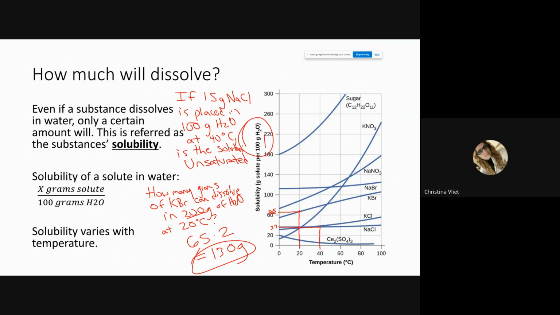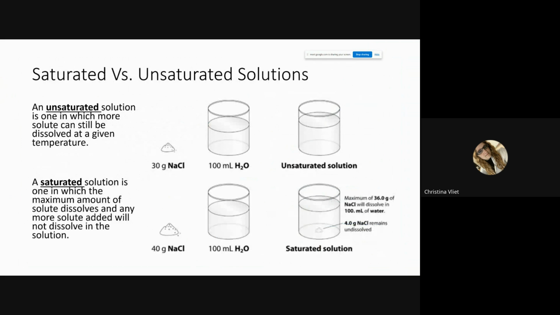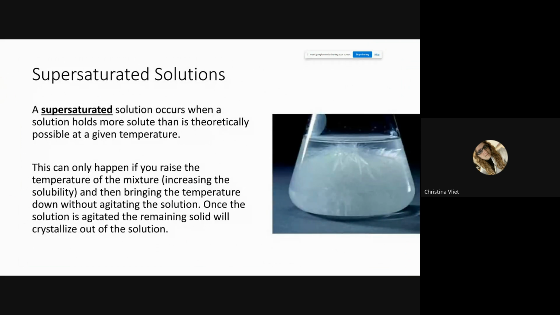But what if it was like 40? Then it's saturated. If you put in 40, it's saturated. How is it not supersaturated? They have to tell you for it to be supersaturated that 40 grams has dissolved. If they say in the question, 40 grams has dissolved and only 37 can, that means it's supersaturated.